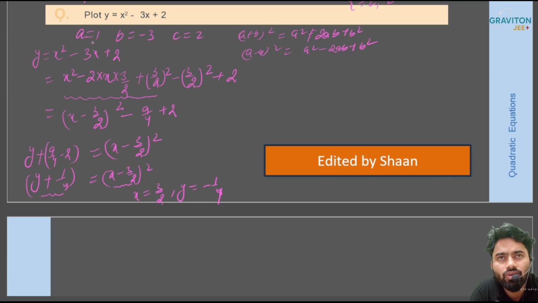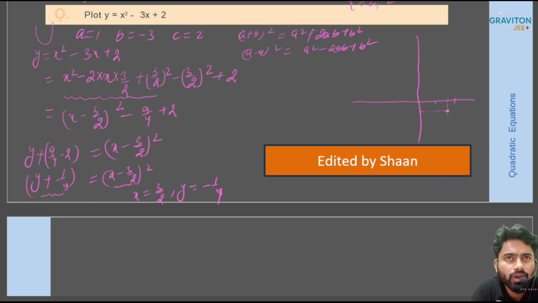And here look at the leading coefficient, it is positive. So it gives you a parabola facing upward, right? If you want to draw the parabola, you will look where your vertex is lying: x equal to 3 by 2 and y equal to minus 1 by 4.